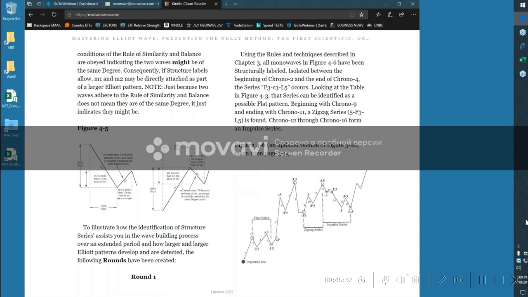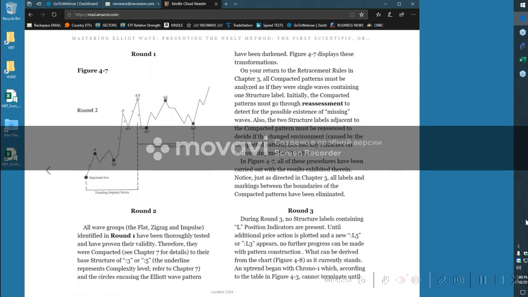This is clearly a bigger degree. It's much larger in price by a mile. So this must be a smaller degree. So that's very important to understand: how to determine the relativeness of degree and how that helps you to count wave patterns. Most people don't do this, but it is absolutely essential to good wave analysis.